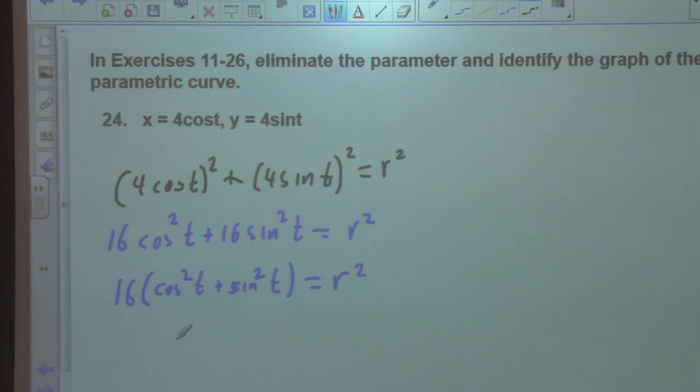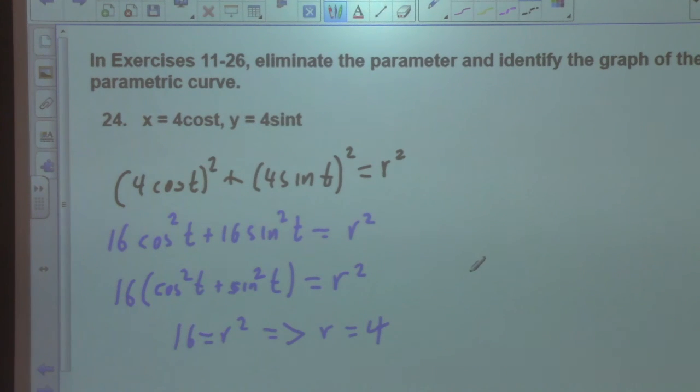So you get 16 equals r squared. So r is equal to? 4. All right. And really that's it. So now you have just a circle, right? Yes. Like the last one. It just goes 4 each way.